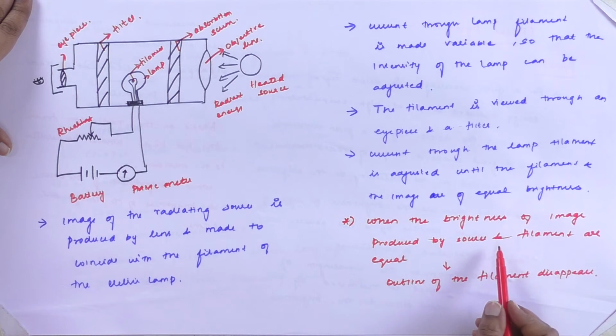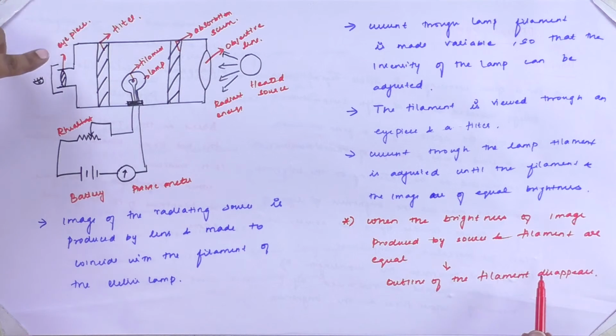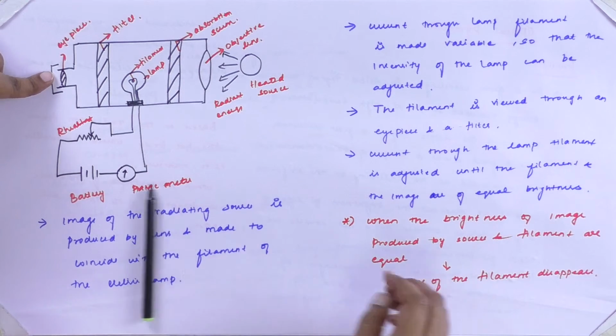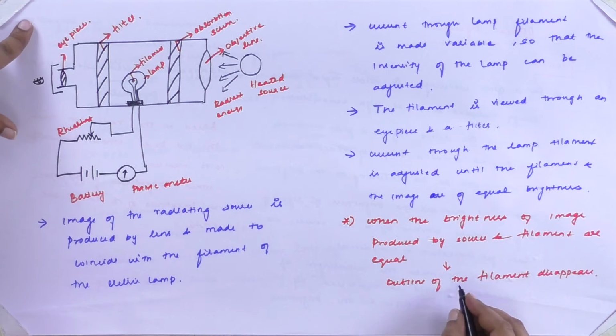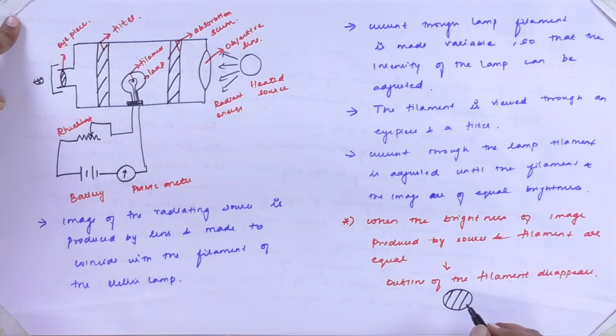So when the brightnesses are equal, the outline of the filament when viewing through this eyepiece will disappear. So we'll see only the image of the hot body. The filament image will disappear when the source and the filament have equal brightness.